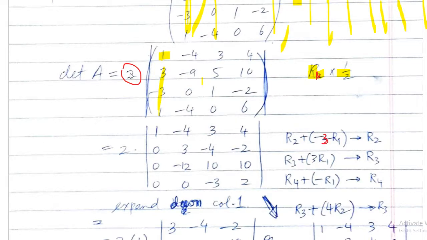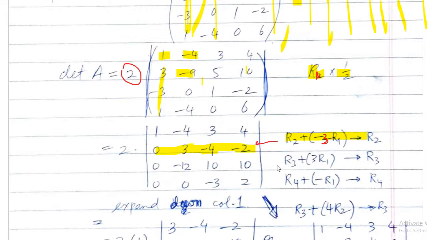R3 plus 3 R1 will make it 0, and R4 minus R1. So 3 minus 3 is 0, minus 9 plus 12 gives 3, since I am multiplying by minus 3. Then minus 9 plus 5 gives minus 4, and minus 12 plus 10 gives minus 2. That's how I got the second row from this operation.